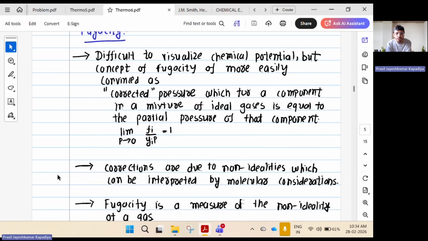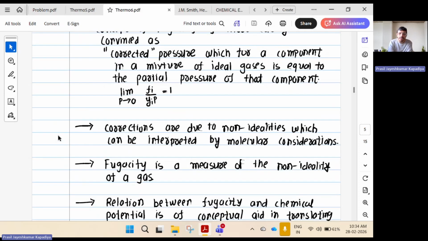Why did we use the fugacity term? Because it was difficult to visualize chemical potential, but the concept of fugacity is more easily conceived as a corrected pressure, which for a component in a mixture of ideal gases is equal to its partial pressure. So it is a corrected pressure. And why are these corrections appearing?